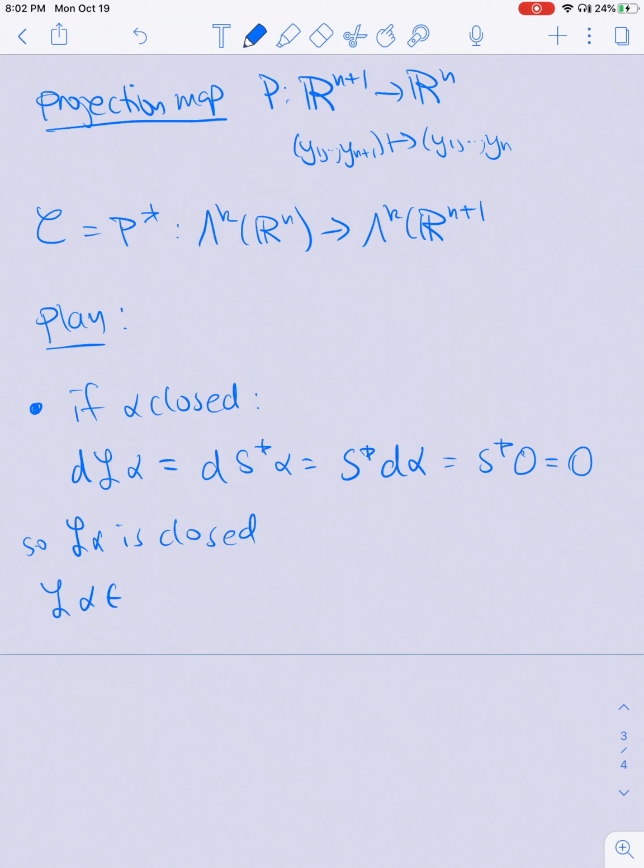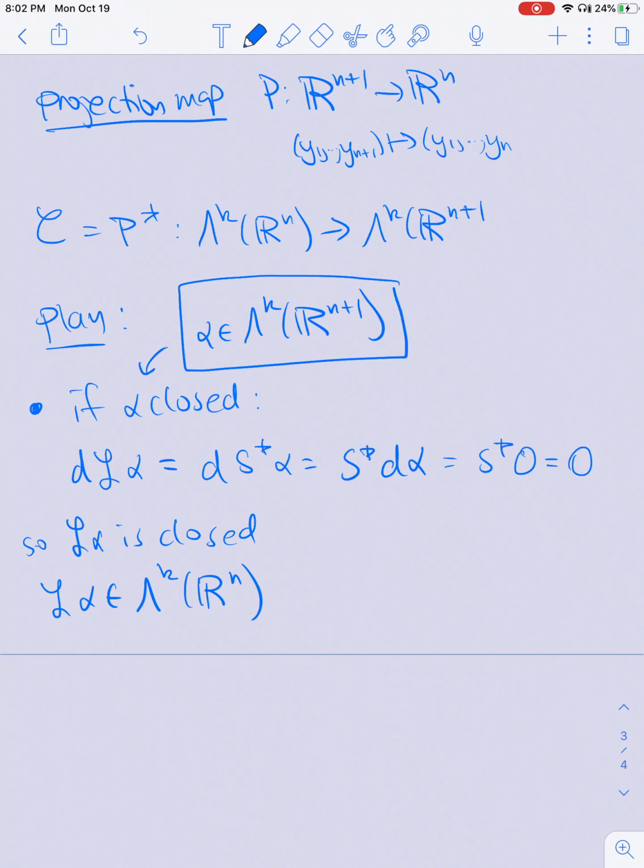But L alpha is a k-form on Rn, right? Let's assume, I should have said this from the top, alpha is a k-form on Rn plus 1. So we're going to be proving the Poincare lemma for k-forms on Rn plus 1, assuming it for k-forms on Rn. L alpha is a k-form on Rn, so by the inductive hypothesis, L alpha is exact.